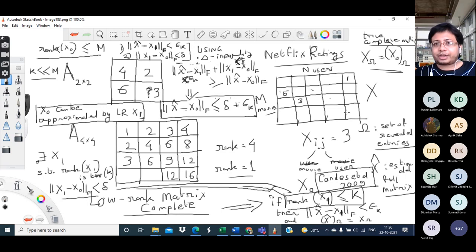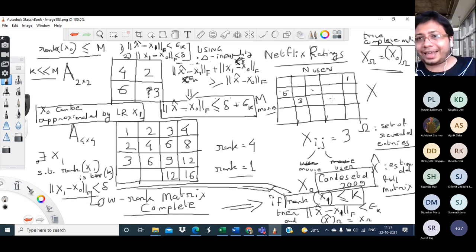Because of the users' tastes, it may not be impossible to consider this Netflix matrix as a low rank matrix. Of course, even if two users have exactly the same taste, they are not going to give exactly the same ratings to all the movies. There will be small differences.